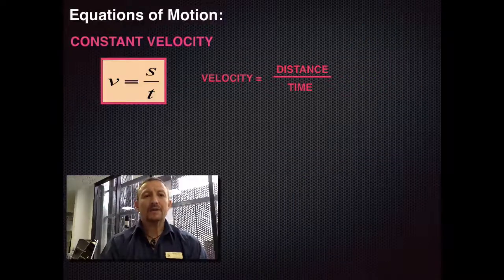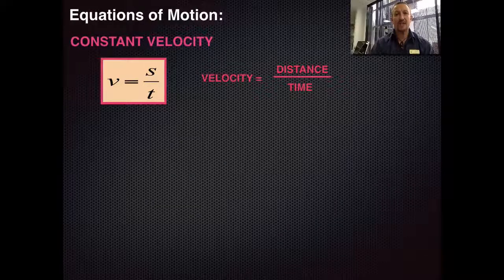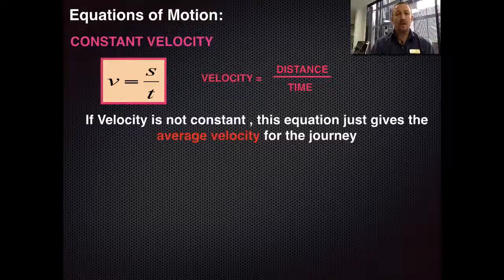All right, now we know that for constant velocity, the equation that we've got is velocity equals distance over time. As you can see, v equals s over t. This comes from the gradient of a displacement time graph. If the velocity is not constant, then we can work out the average velocity by looking at the overall distance covered in the time taken.